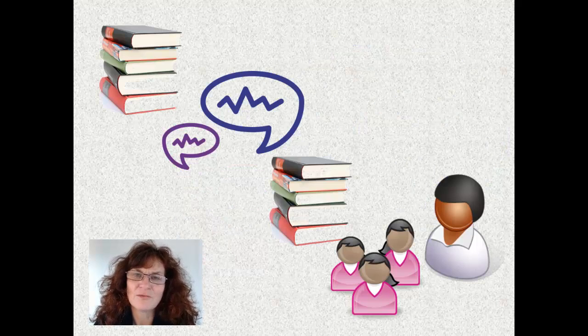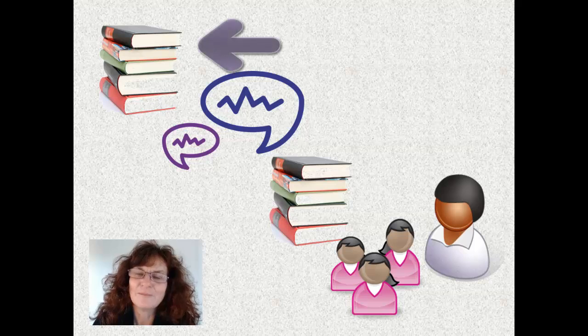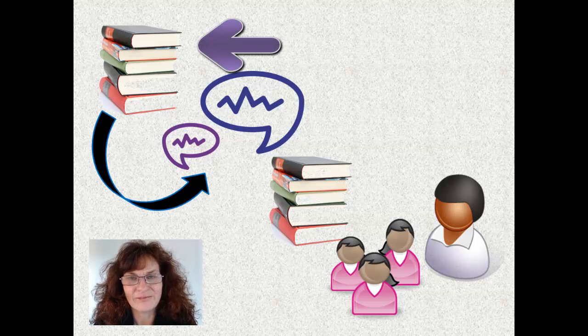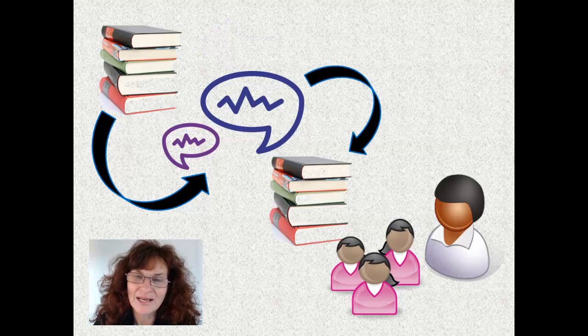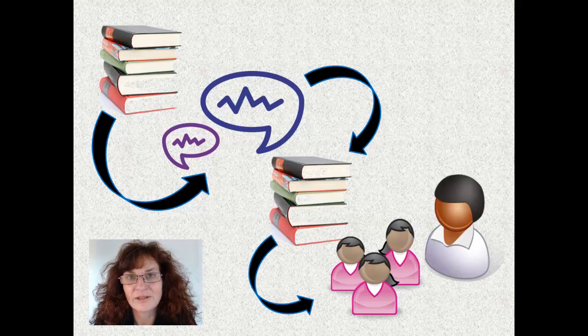So something might work like this, where you've got a reading, or a listening particularly as well. They check with each other first, and then they go back and have another look at the exercise before you get class feedback. And if you do it this way, you will get much more involvement in feedback. So that's a good thing all round.